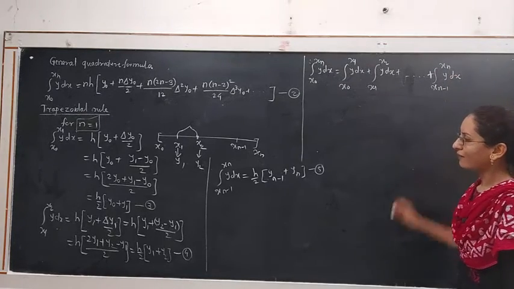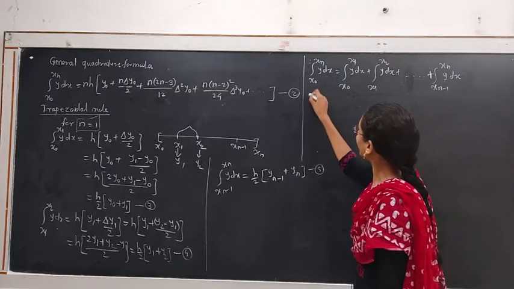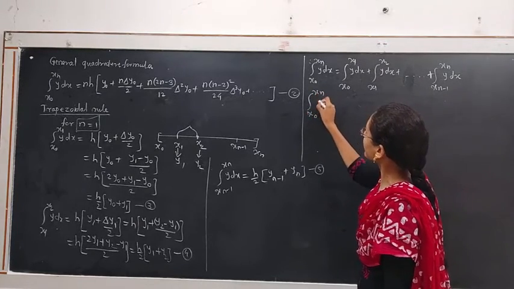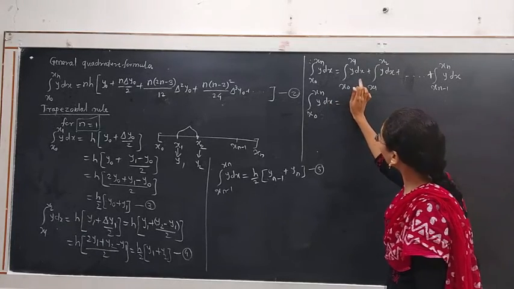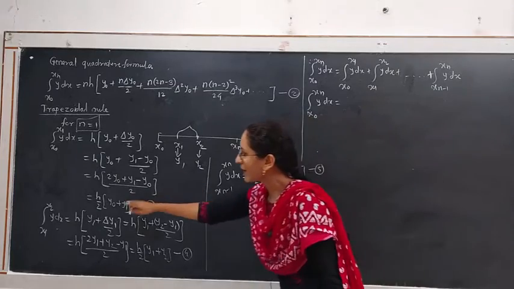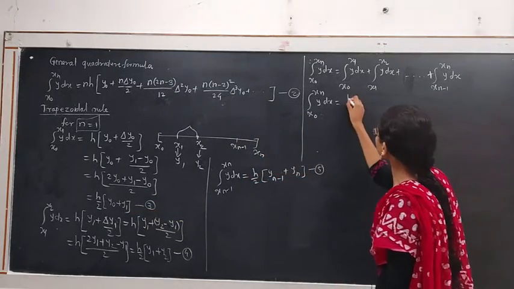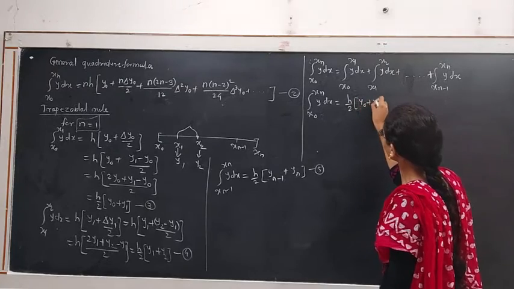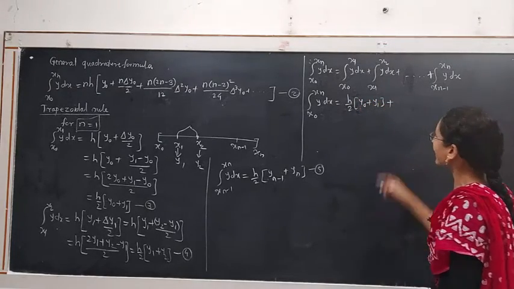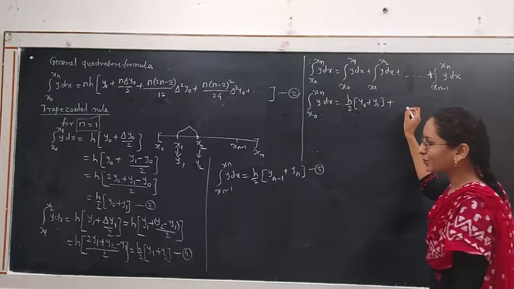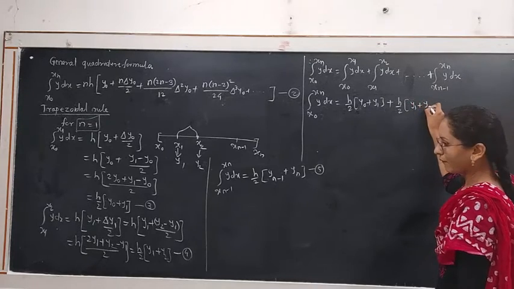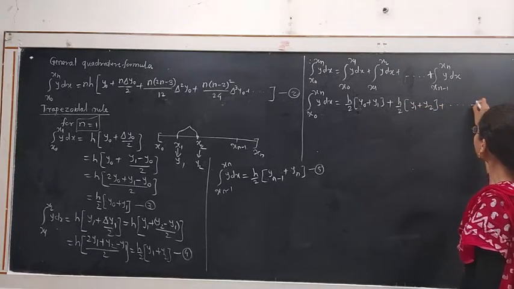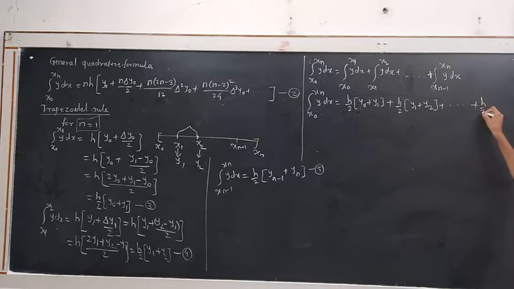We know all these values of the integration. x0 to xn y dx is equal to the first value. The first integration has value h by 2 into y0 plus y1, plus the second integration has value h by 2 into y1 plus y2, plus the last integration has value h upon 2 into yn minus 1 plus yn.